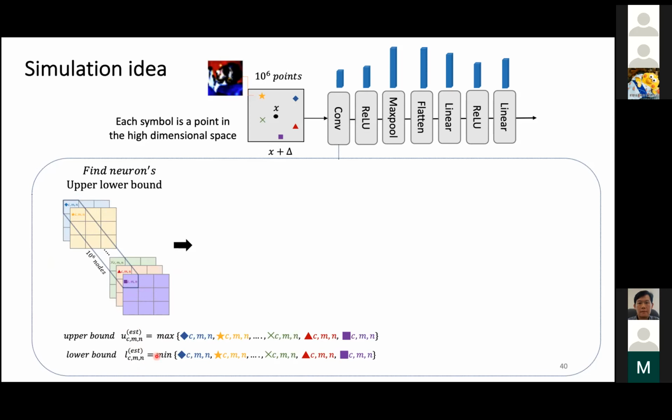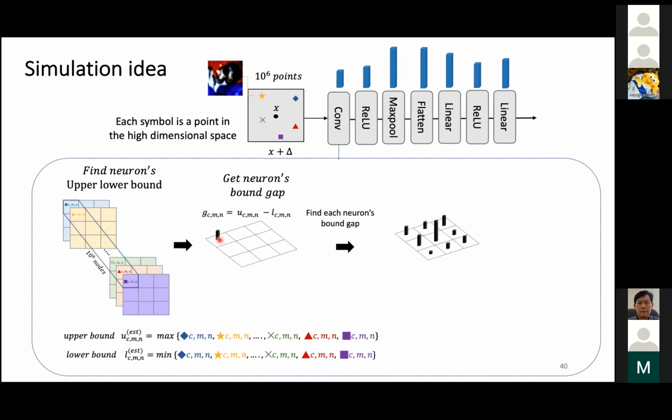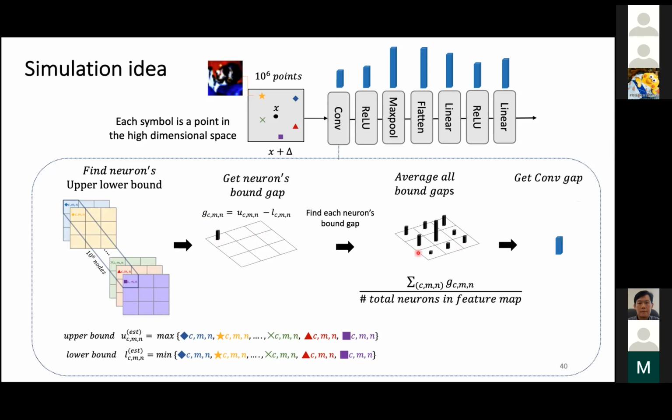Once we get the upper and lower bounds of this node, we can compute its bound gap. We repeat this for each node to get each node's bound gap, then average all bound gaps to get the average bound gap in the convolution. In each operation, we use a similar idea to get this blue bar.